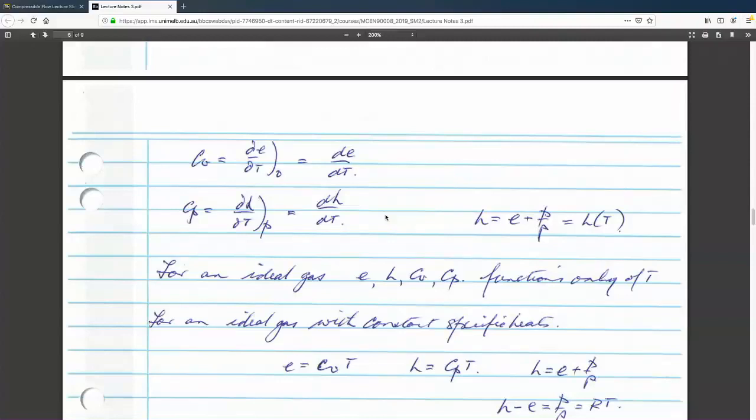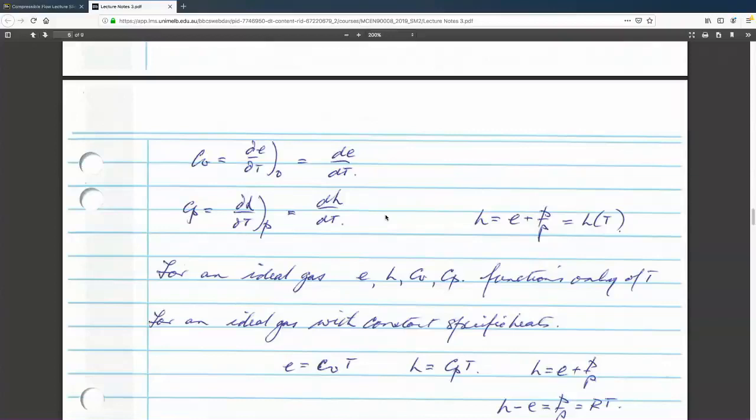And so I'd get a very simple relationship between E and H, remembering that H is E plus P over rho. H minus E is Cp minus Cv times T. So H minus E is clearly P over rho, and P over rho is RT.